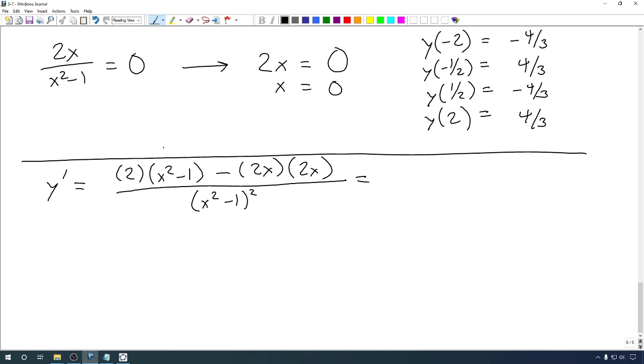But I'm going to go ahead and just simplify this numerator. Here we can distribute the 2. We have a 2x squared and a -2. Here we have a 2x times a 2x, which is a 4x squared. So we can combine the 2x squared with the -4x squared to get a -2x squared. But we also have that -2 that was there before.